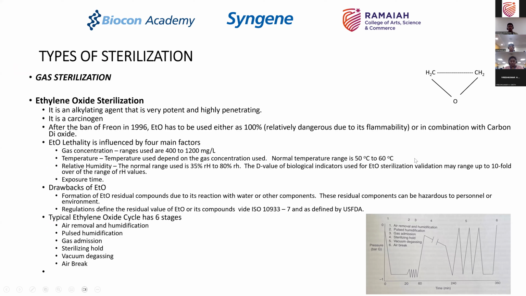Ethylene oxide and carbon dioxide will be mixed together and introduced into the chamber, right? To achieve this, you have to have a right humidity of 35 to 80%. So when you are removing the air from the chamber and humidifying it so that you achieve 35 to 80% humidity inside it, it may not be a constant value.